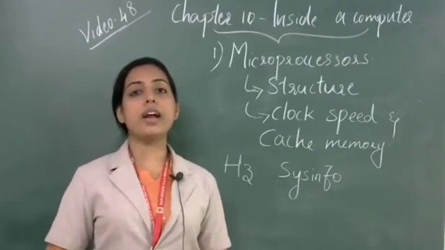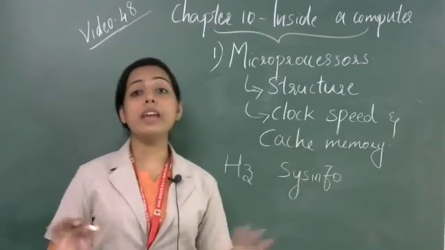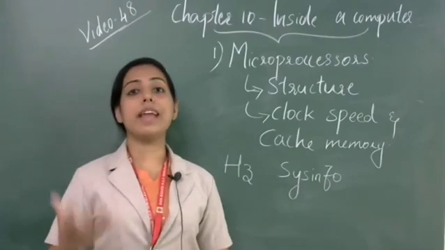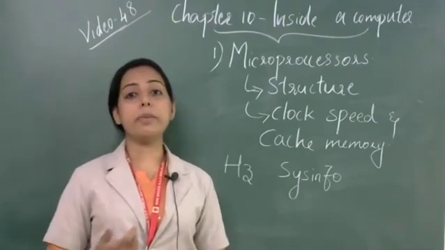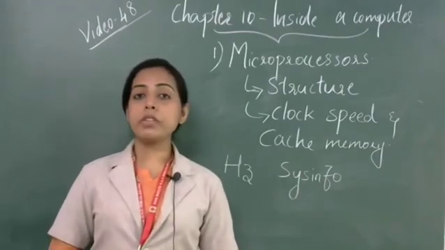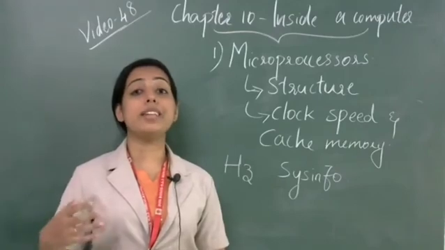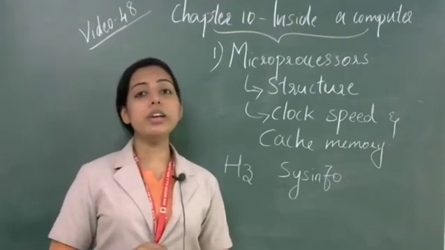You do not need to study this, you just study what is clock speed and what you mean by cache memory. Clock speed means the rate of information transferring per second, and cache memory means what? In every computer, the microprocessor has the facility to retain the frequently used information.